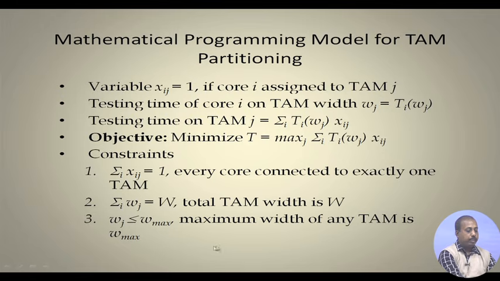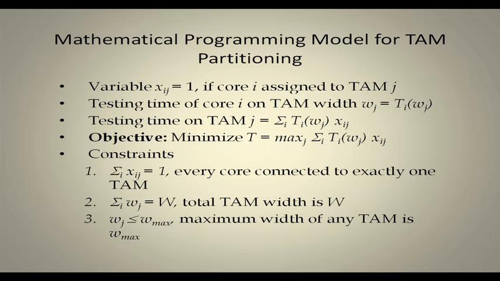So, the maximum width of any term cannot be more than w max, some max value that may be put. Definitely it cannot be more than the total term width. That is one type of w max, and also the designer or the testing equipment may put a restriction on the number of such lines. So, there may be a restriction like wj less than or equal to w max put into the system.